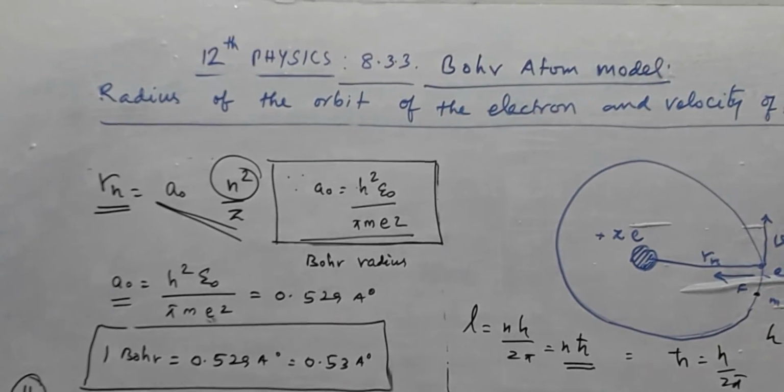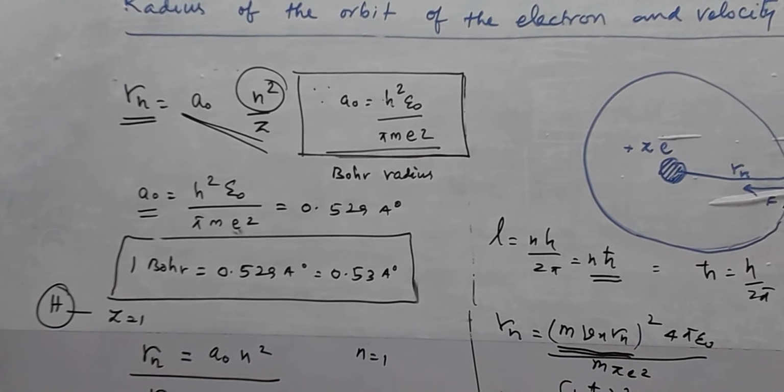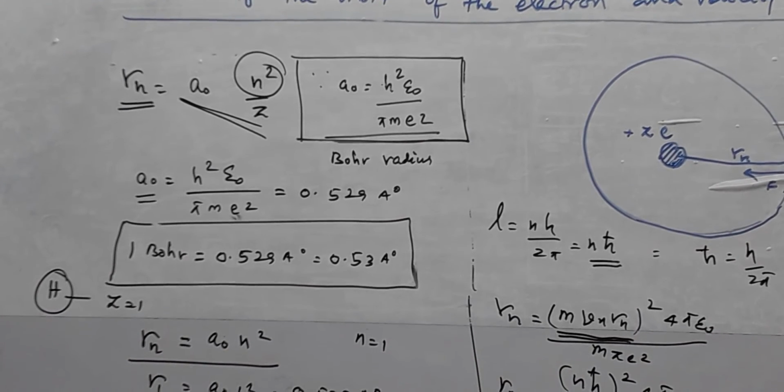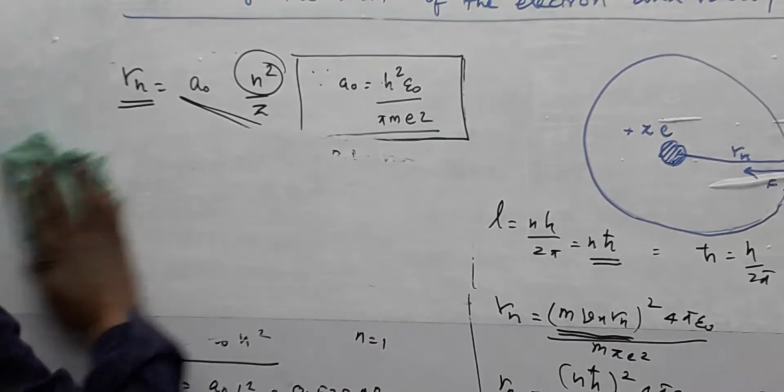Right. The next one, we are going to derive an expression for velocity. We have to find the velocity equation.